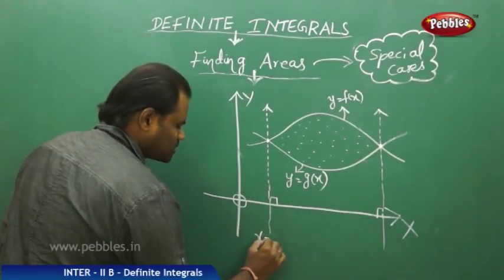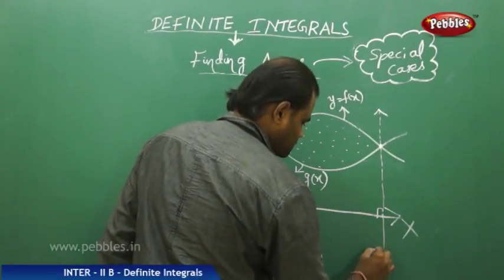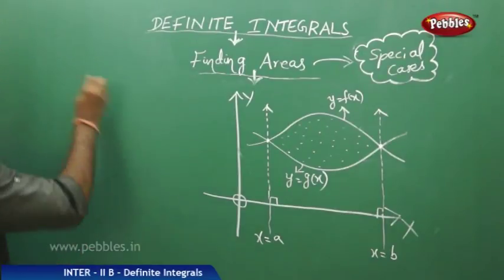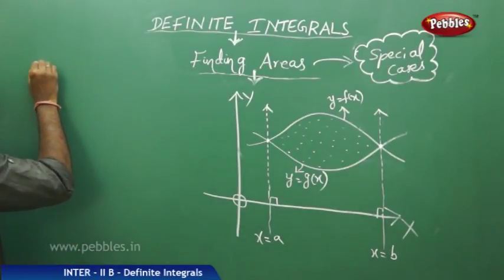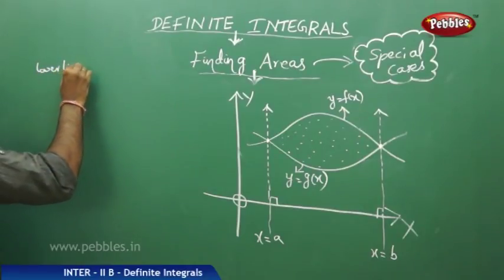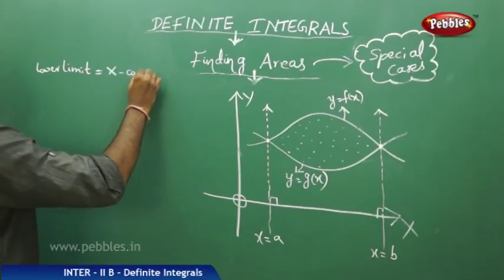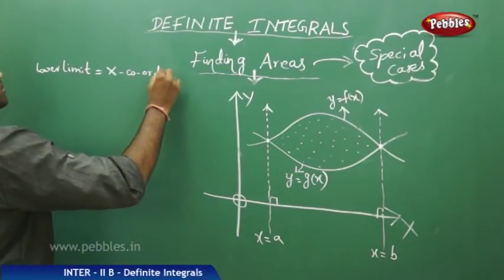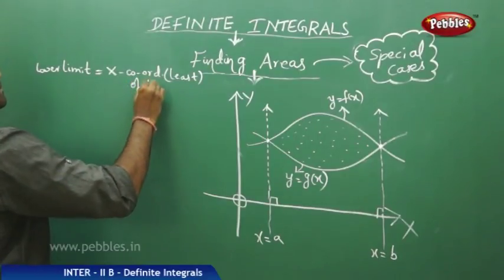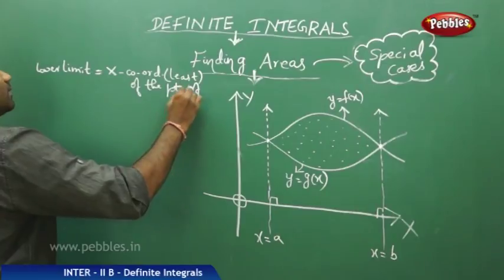Say the x coordinate of this point of intersection is A and this is B. It is very important to note that in this kind of problem, the lower limit is the x coordinate that is least of the points of intersection.